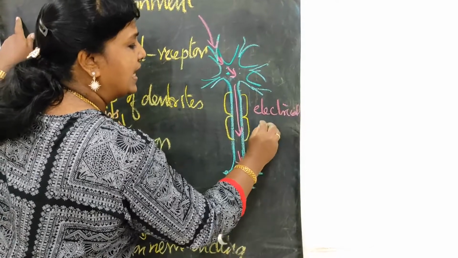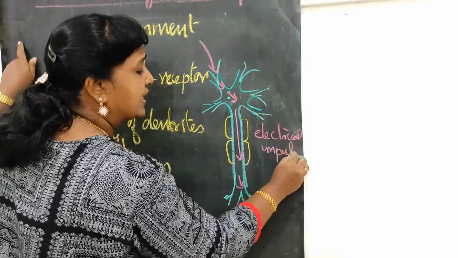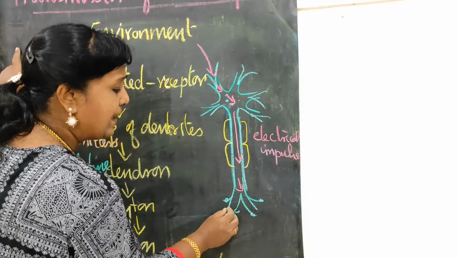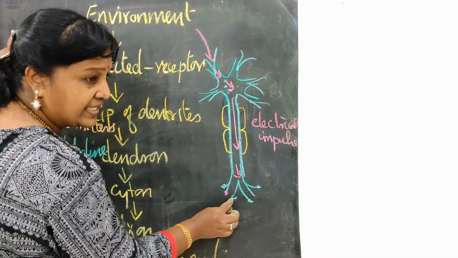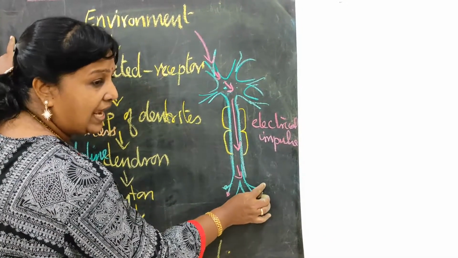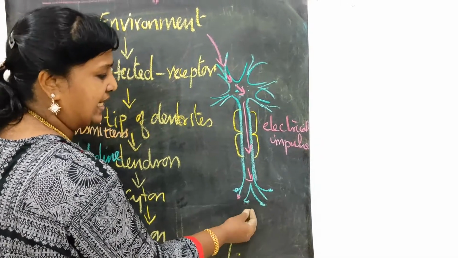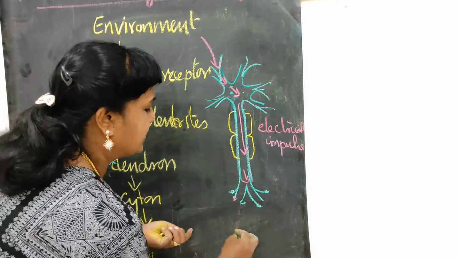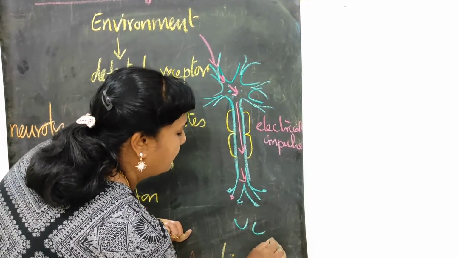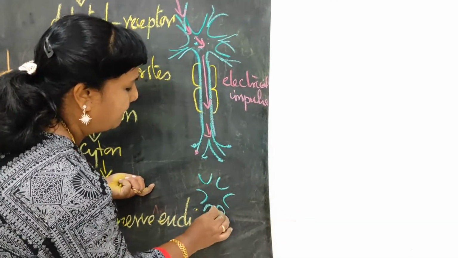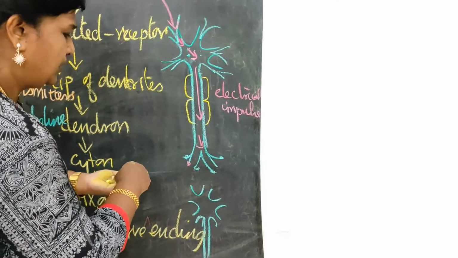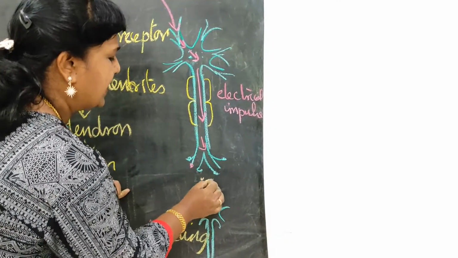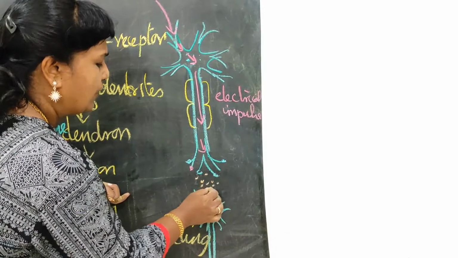And when it reaches the nerve endings, the acetylcholine, a chemical, is secreted. Then it has to pass the message to the next neuron. In this area the acetylcholine is formed.